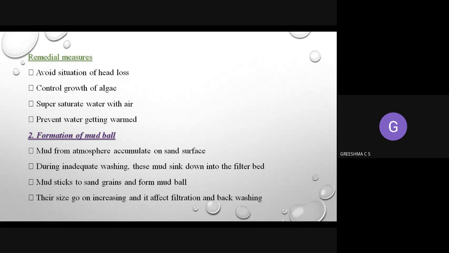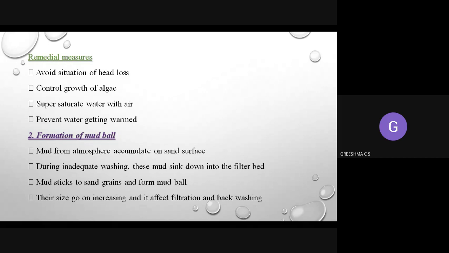Because of the inadequate washing, these mud particles will sink down into the filter bed. More and more mud will be coming and it will form into a bigger size.